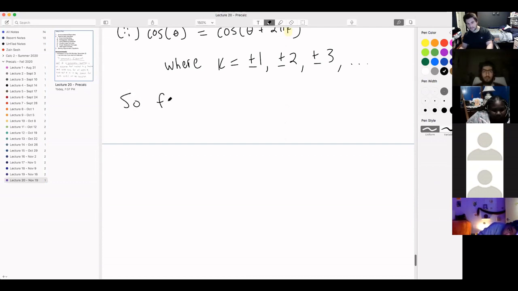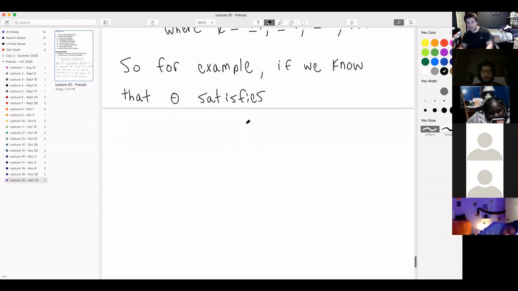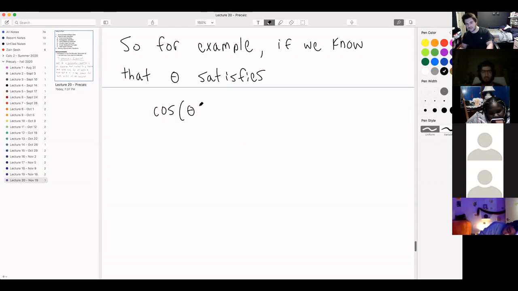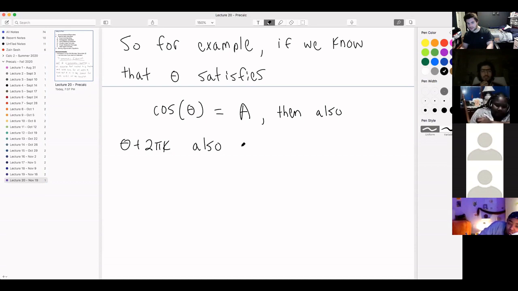So for example, if we know that theta satisfies cosine of theta is equal to some number a, then also theta plus 2 pi k satisfies it.